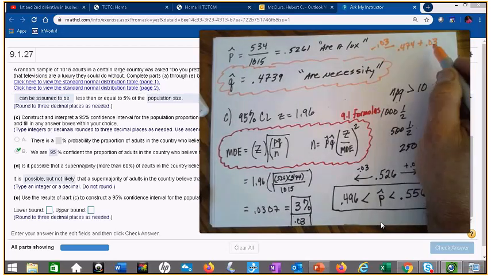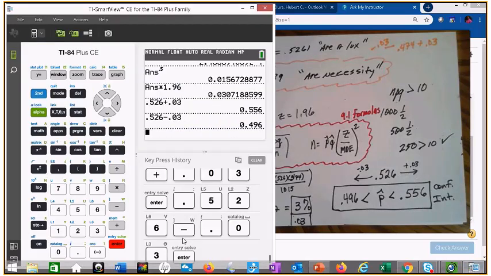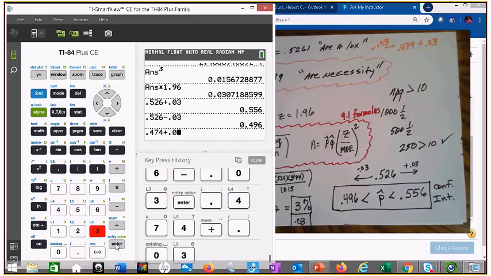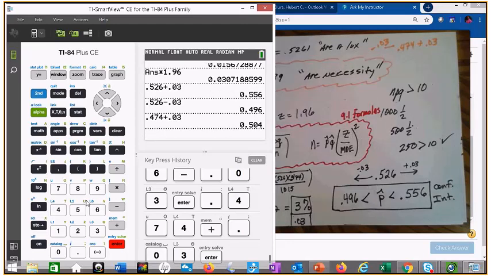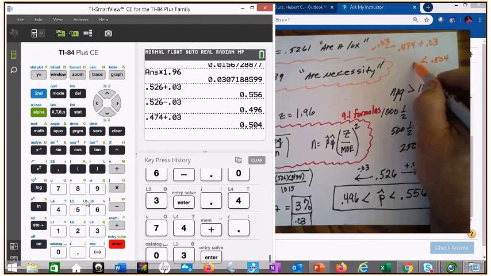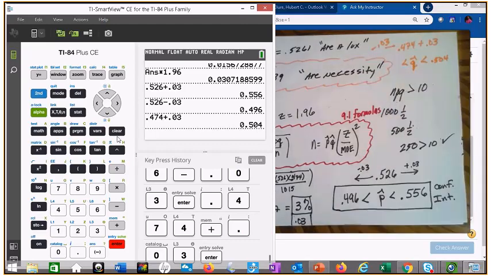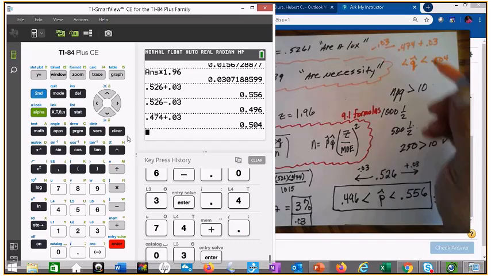So 0.474 plus 0.03, I know how to add it in my head, but I'm just doing it. So 0.504. Q hat is less than 0.504 and greater than 0.444.